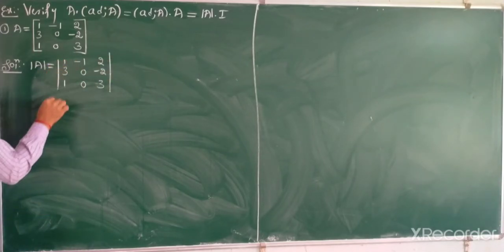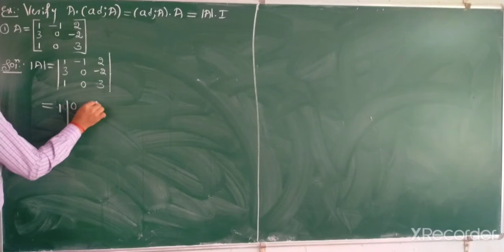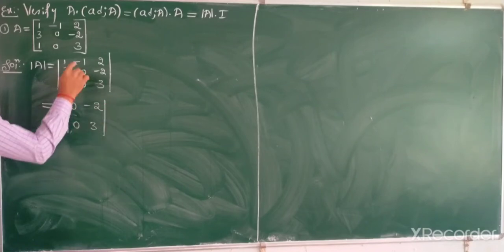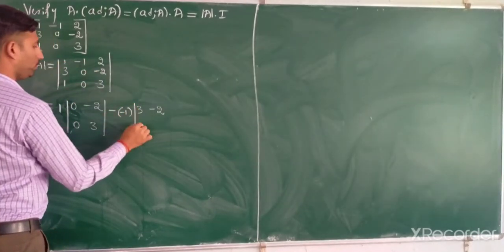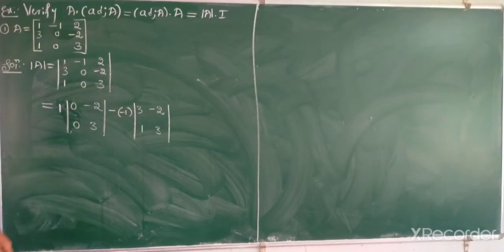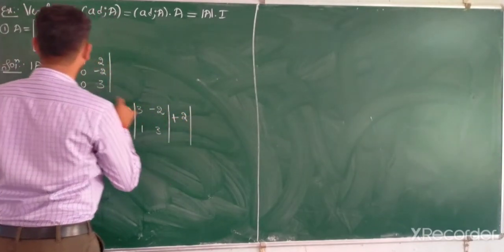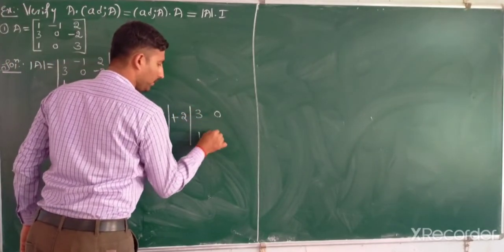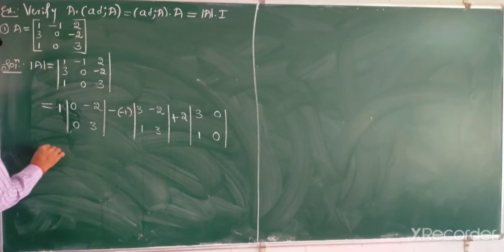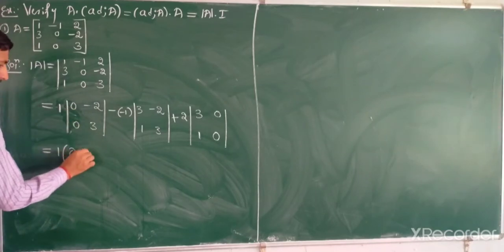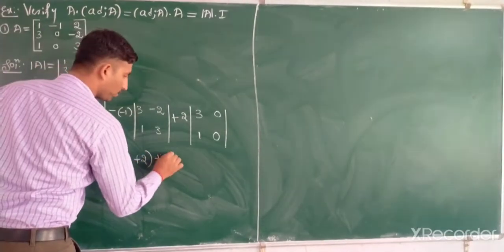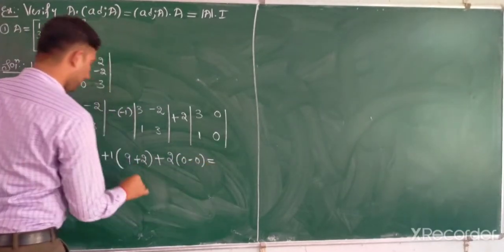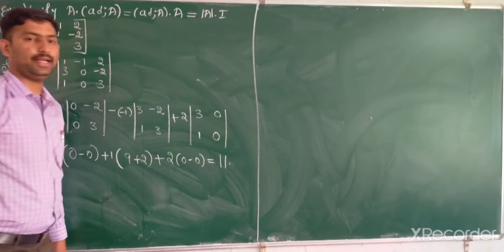Determinant of A, expanding along the first row: position is plus, 1 into (0 minus 0), position is minus, minus 1 into (3 minus 2)... After that plus 2 into ... which is nothing but 9 plus 2, which is 11.